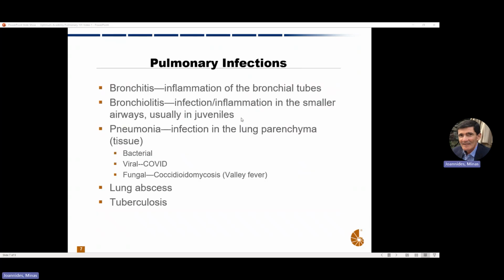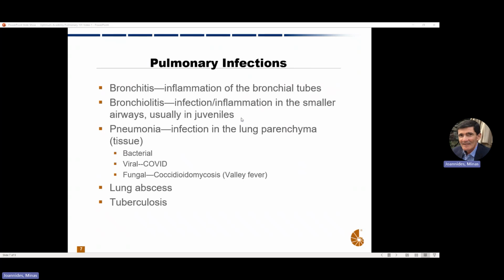Pulmonary infections. So we mentioned the term bronchitis, which is an inflammation of the bronchial tubes, cough, mucus production. Bronchiolitis is infection or inflammation of the smaller airways, and that term is often used in juveniles that have a viral infection with inflammation, wheezing, coughing.